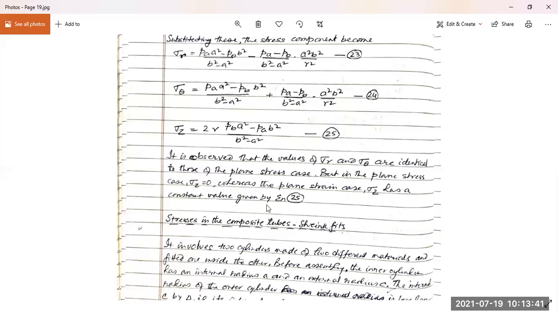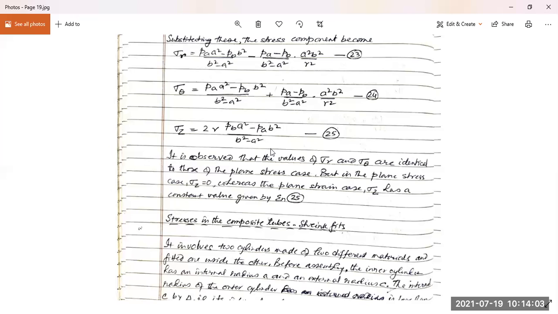This is because of the effect of the forces in the radial direction, both inside the cylinder as well as outside the cylinder, creating a lateral deflection along the longitudinal side itself. That's why you are having a value of sigma Z in the Z direction itself.